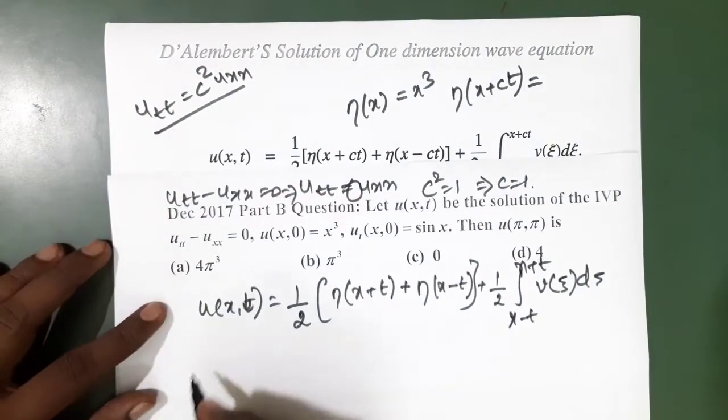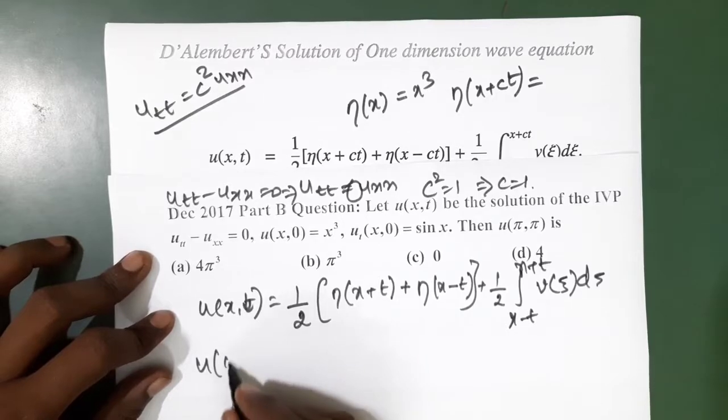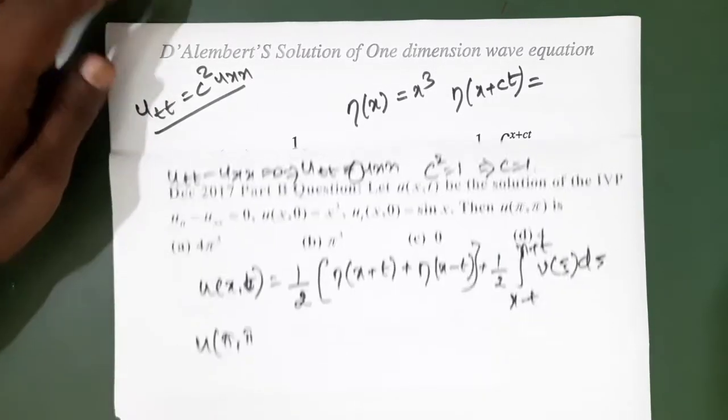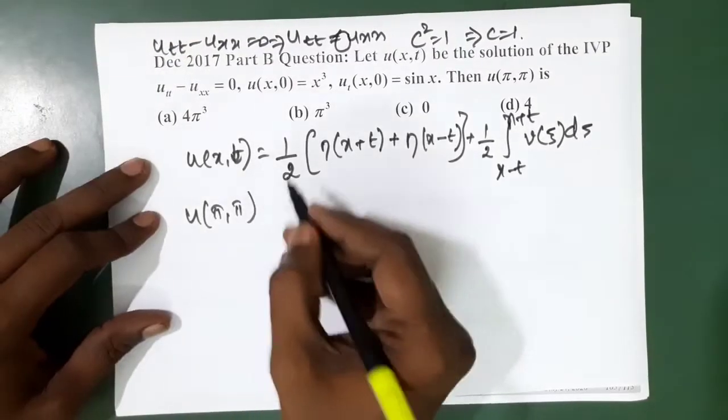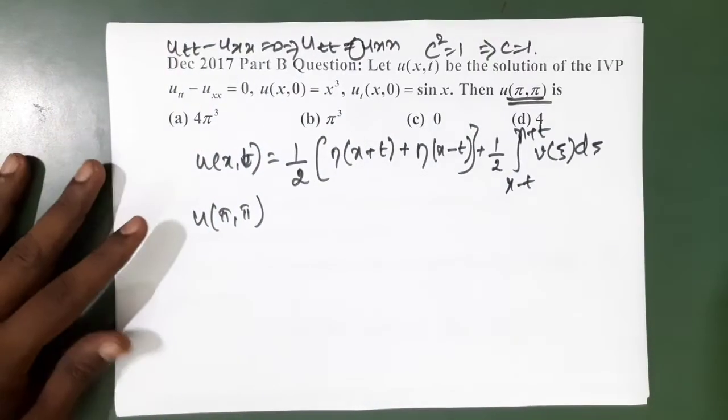Then we are finding what is u of pi comma pi, because they are asking for the value of u of pi comma pi.